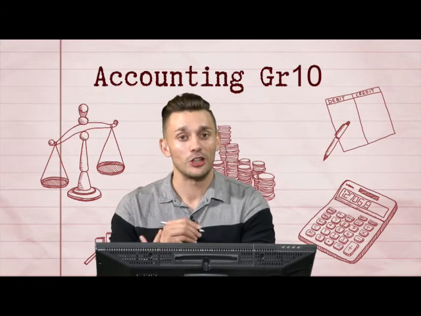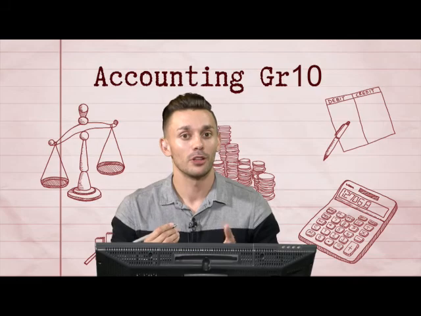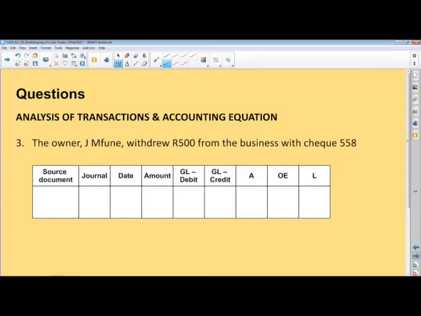Let's mark your answer. Let's look at it together. So the owner, Jane Fune, withdrew 500 Rand. So easy marks. Let's quickly put it in the amount column. We have 500 Rand from the business with a check. So he withdrew the cash with a check. So we gave the check to the bank to get the cash, right? So we wrote on that check cash, 500 Rand.